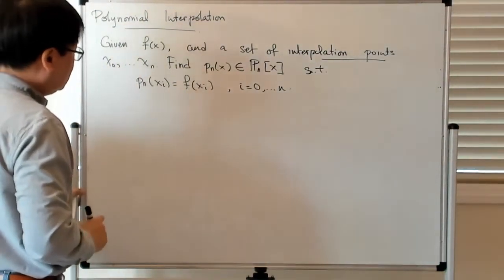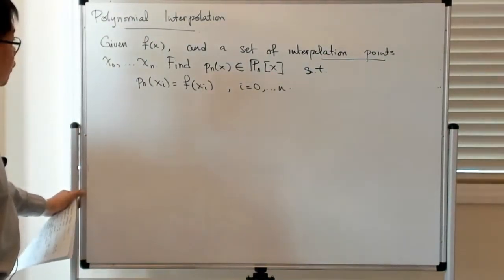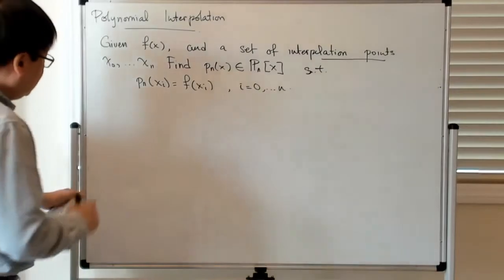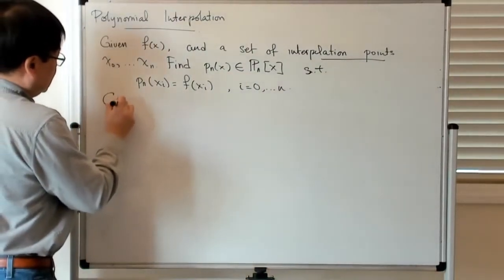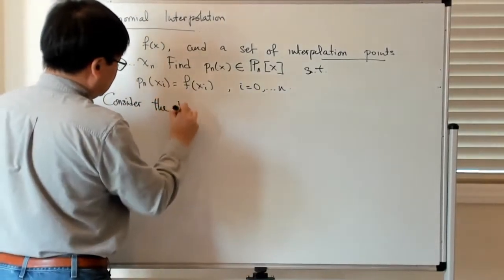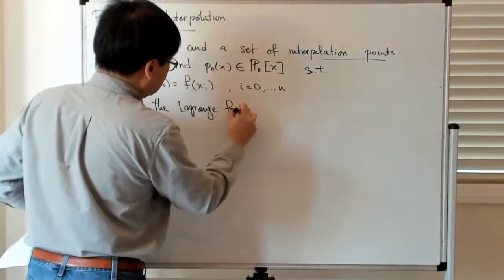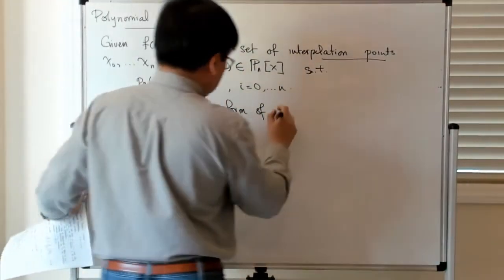Okay, so let's try to write down an expression for that interpolating polynomial. Let's consider what is called the Lagrange form of the interpolating polynomial.